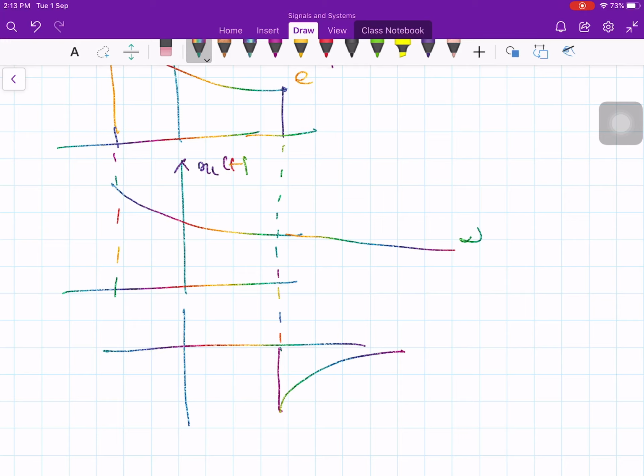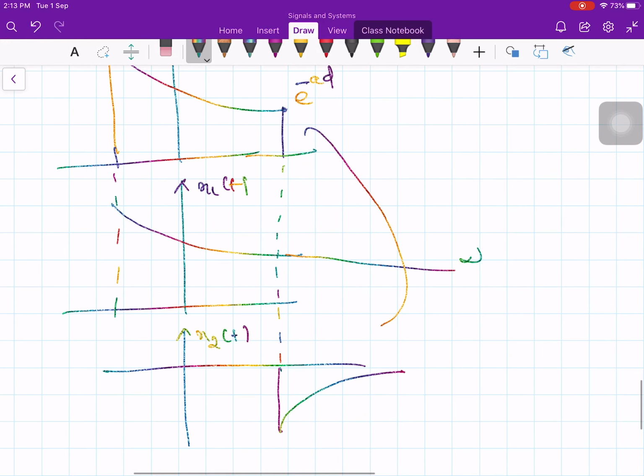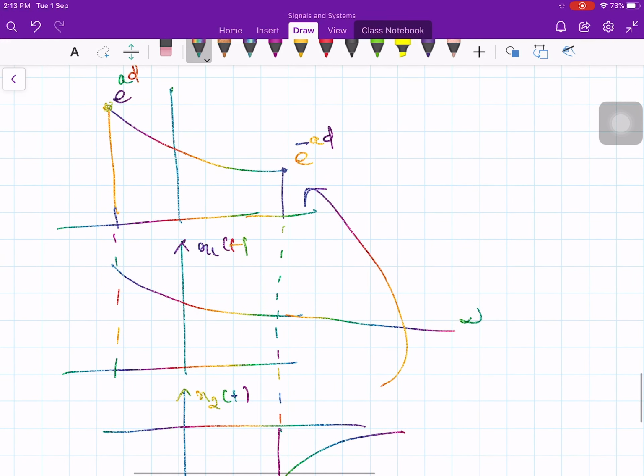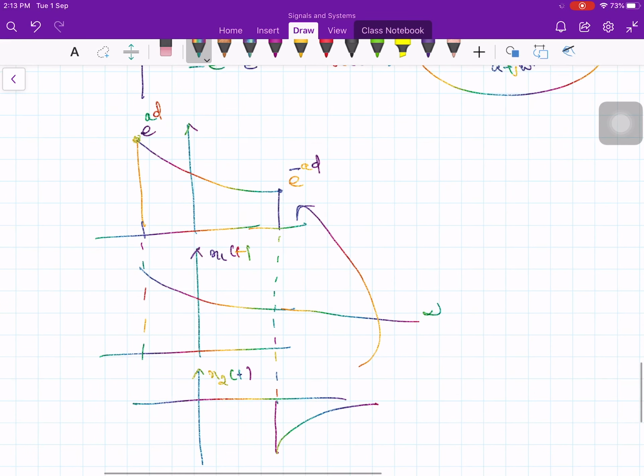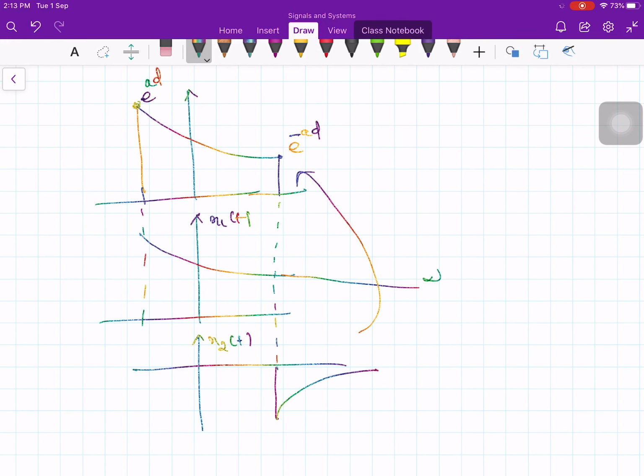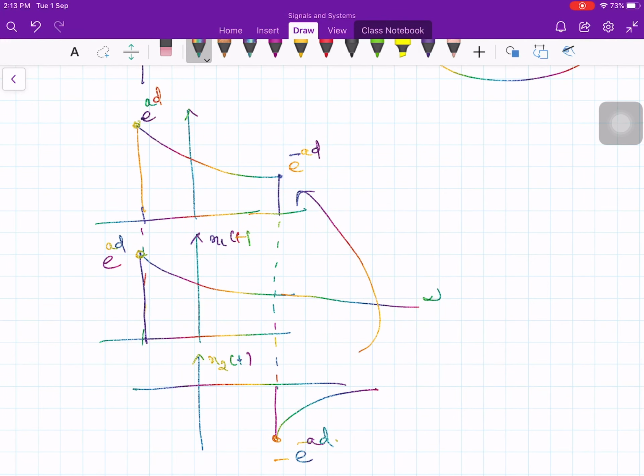So subtract x2 of t from x1 of t, then you will get back this x of t. This is e to the ad, this is e to the minus ad. Okay. So then your x of t is equal to x1 of t minus x2 of t.